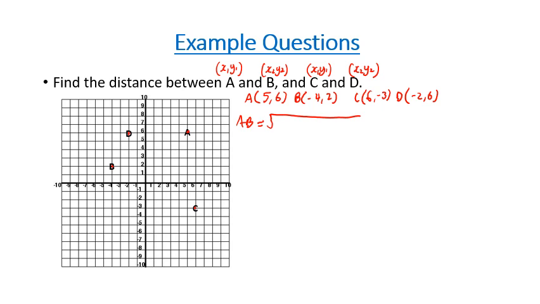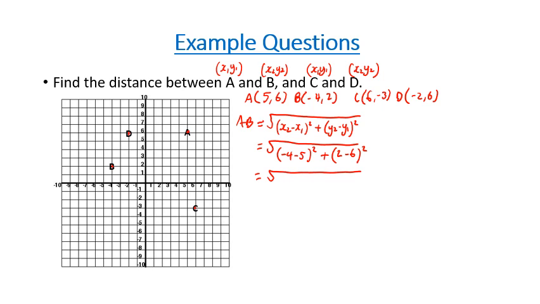the square root of x2 take x1 all squared plus y2 take y1 all squared, which is equal to x2 in this particular case is -4, and we're going to take away x1, which is 5, plus our y2, which is 2, take away our y1, which is 6, all squared.